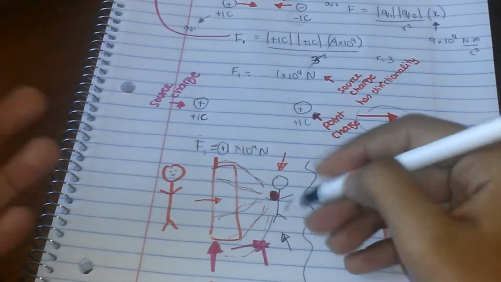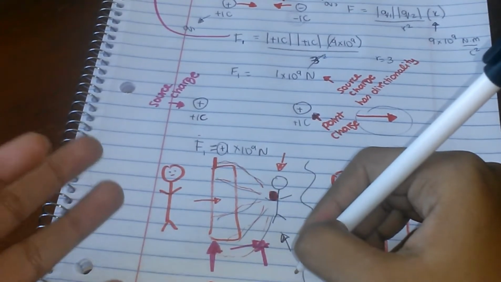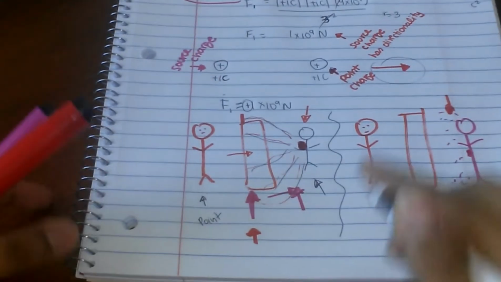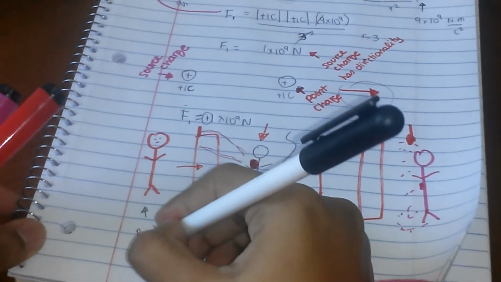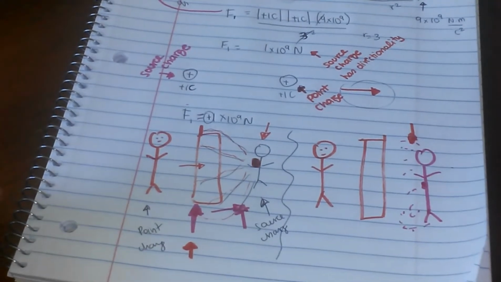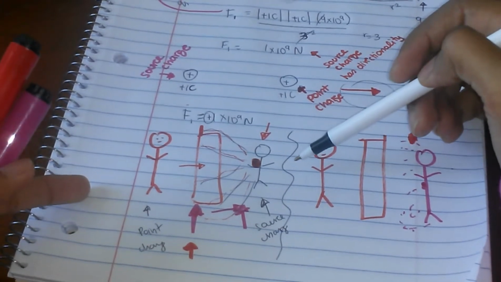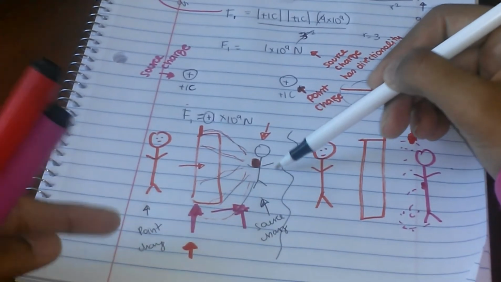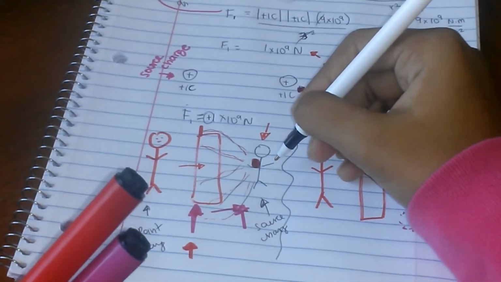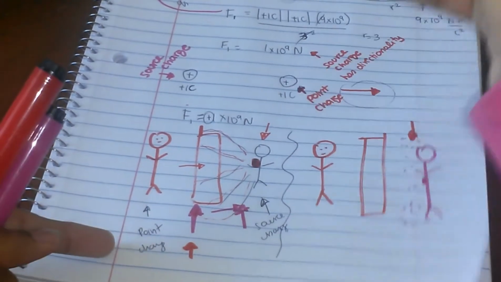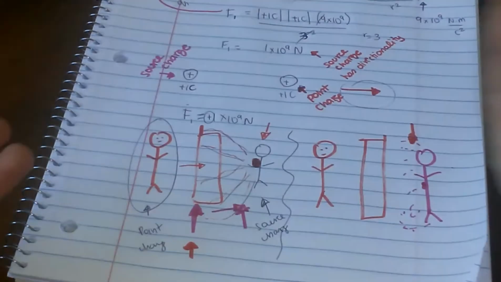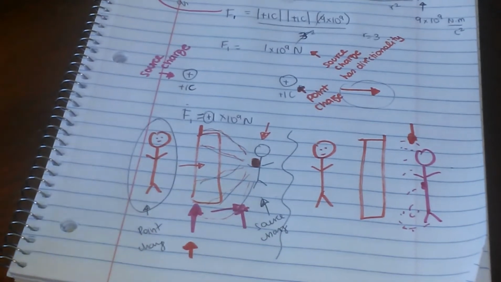Like this will be the source charge, and on another charge, the point charge, the stronger the source charge, just like the stronger the perfume, the more the point charge will be attracted or repelled.